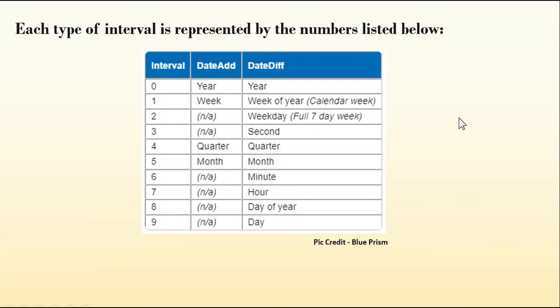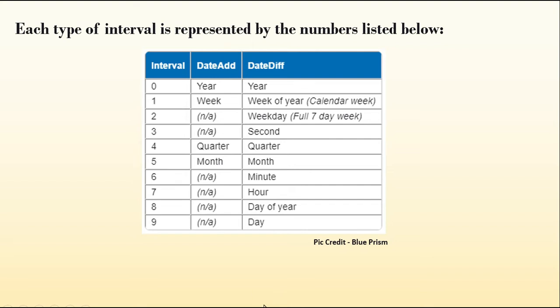So you can see here, this is the picture that is taken from Blue Prism, and each type of interval is represented by the numbers which are listed below. You can see 0 interval says that for the DateAdd we have year, 1 is week, 2 not available, 4 quarter, 5 months, like this.